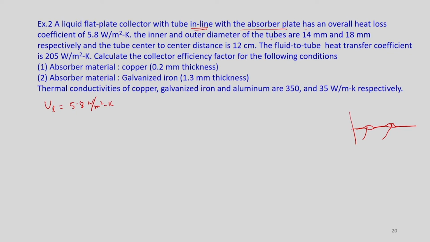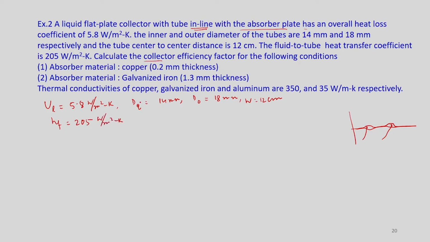The inner and outer diameters of the tubes are given: D naught is 14 mm and Di is 18 mm. The center to center distance W is 12 centimeter. The fluid to tube heat transfer coefficient HF is given as 205 watt per meter square Kelvin.